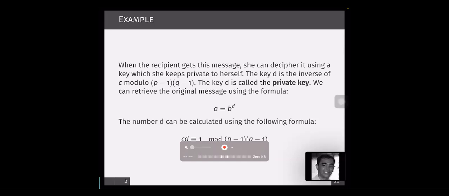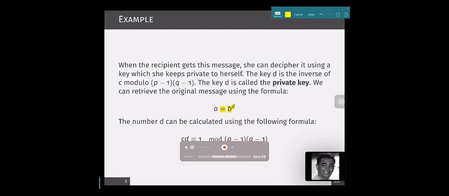So now we are in the part where we discuss the private key. If you are the owner of the private key and someone sends an encrypted message to you in the form of letter B, what you'll do is raise it to the power D modulo, sorry, modulo P minus 1 times Q minus 1.